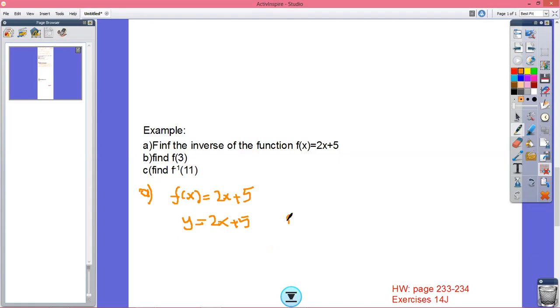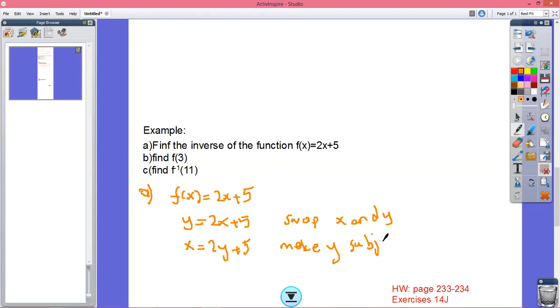Here we can write swap x and y. We are going to swap it. It will be x is equal to 2y plus 5. Here, make y the subject.